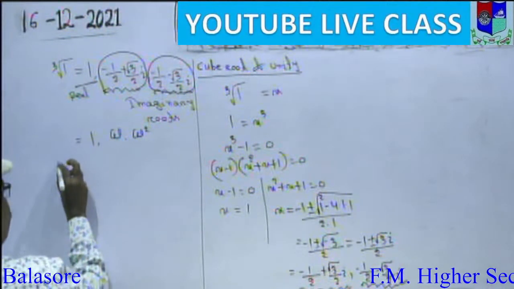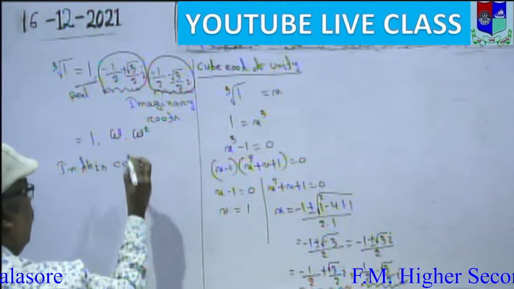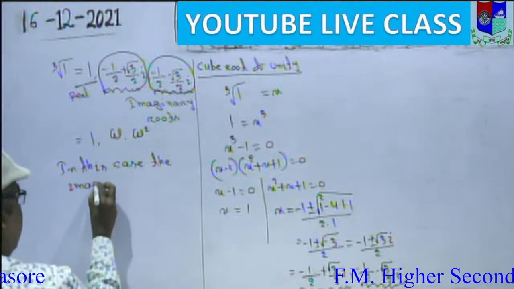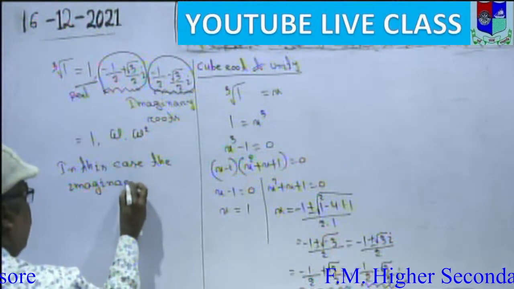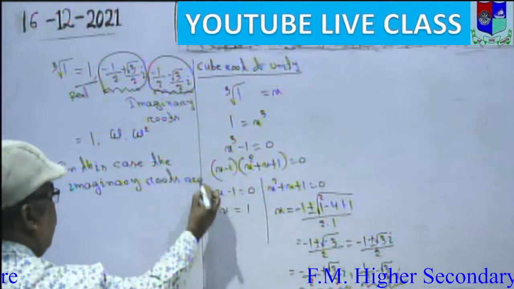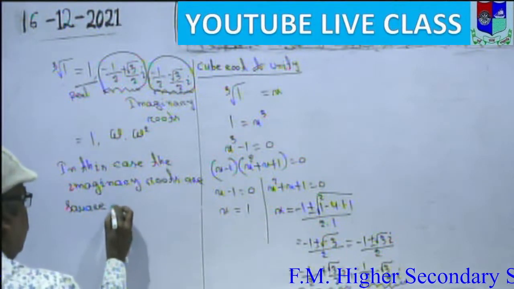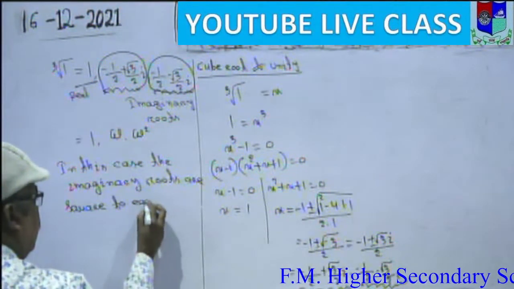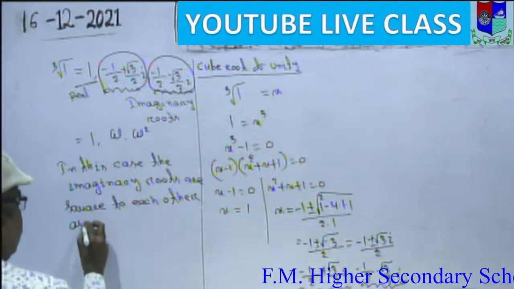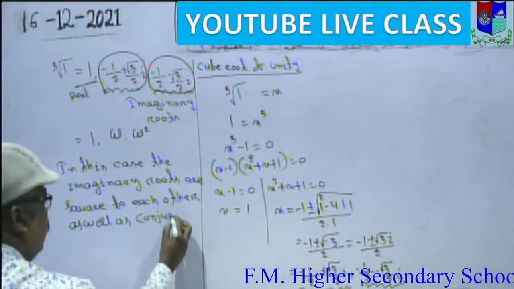In this case, the imaginary roots are square of each other as well as conjugate to each other.